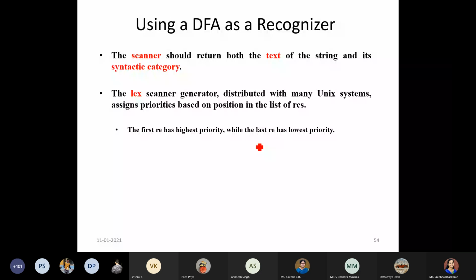So we can make use of a function called nextchar. Using this nextchar function, we keep picking characters from your given file or given statements, character by character. In a DFA, with respect to each character, you keep moving from one state to another state.